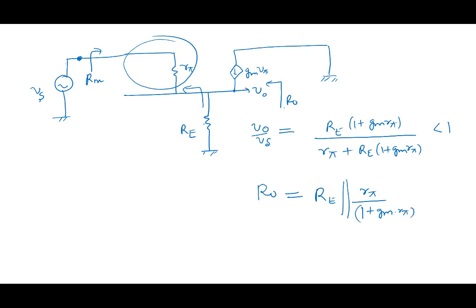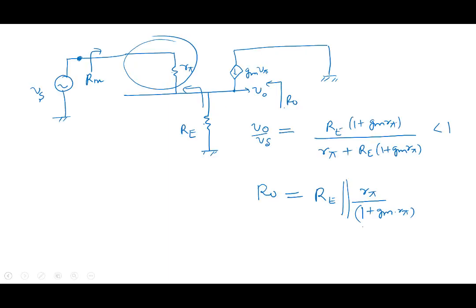This RE, when you looked from the other side, was getting multiplied. In this case, when you look from here, this resistance gets divided, R pi by 1 plus Gm R pi. Okay, so that becomes your R naught at this particular stage. Note that depending on the values, the R0 can be fairly small. If I put in some numbers, you can see, because it's getting divided by a large factor here. All right, so let me add then a circuit like this.